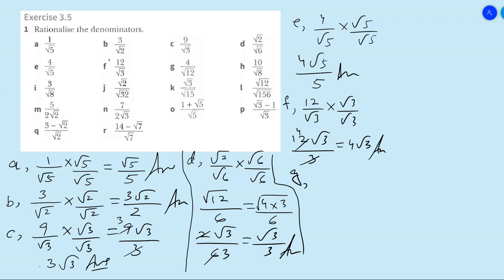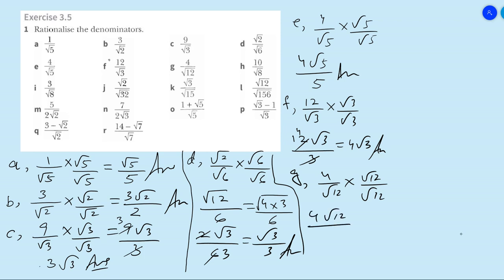Part G. Part G is 4 upon root 12. It will be root 12 upon root 12. 4 into root 12 is 4 root 12.